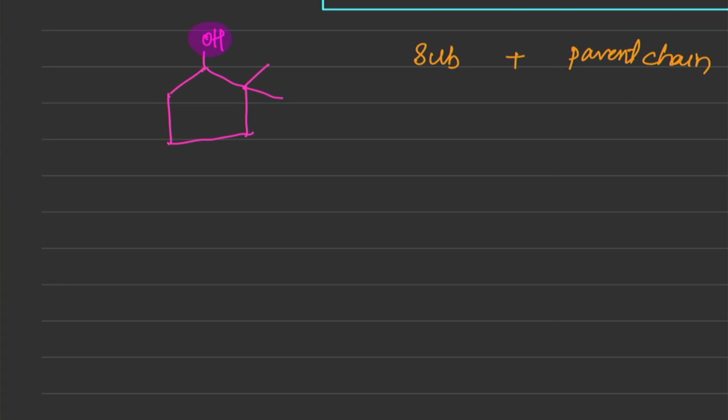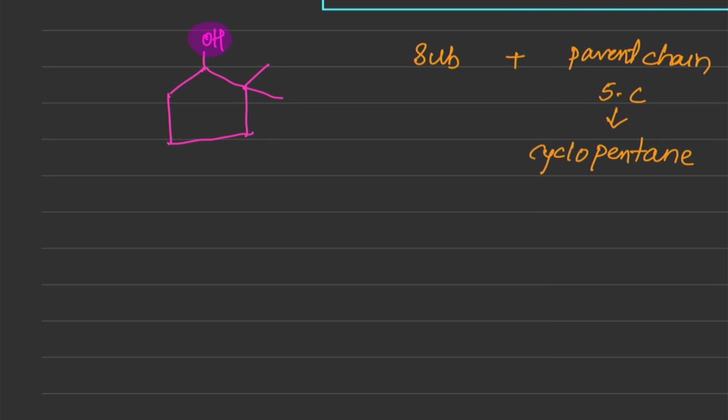Right now, how many carbon atoms do we have? We have 1, 2, 3, 4, 5, so we got a 5-membered ring. When you have a 5-membered ring, it's going to be pentane, but because it's cyclic, we're going to call it cyclopentane.